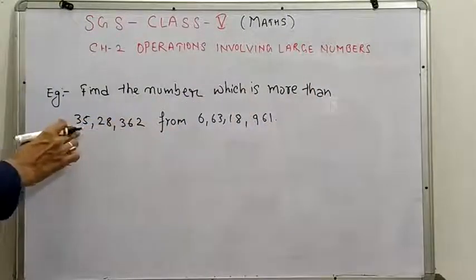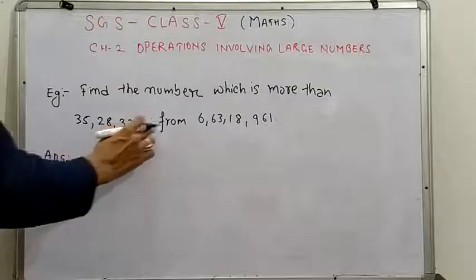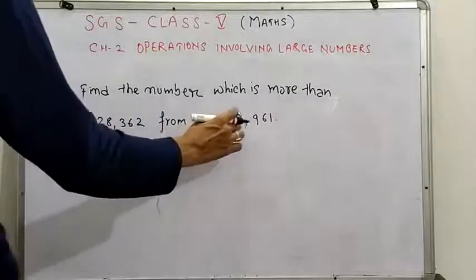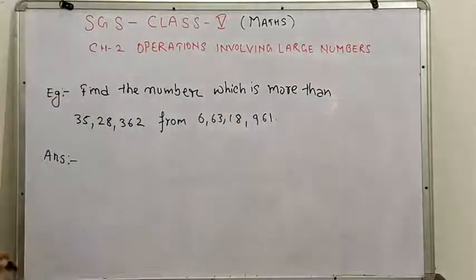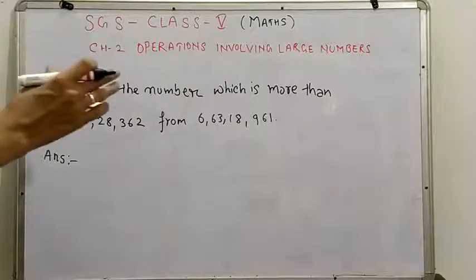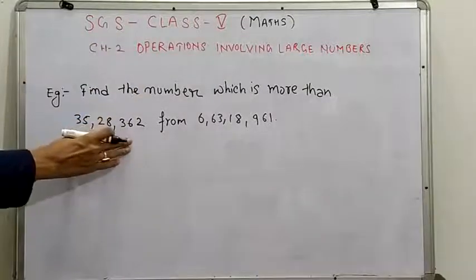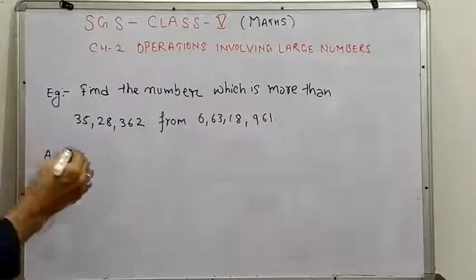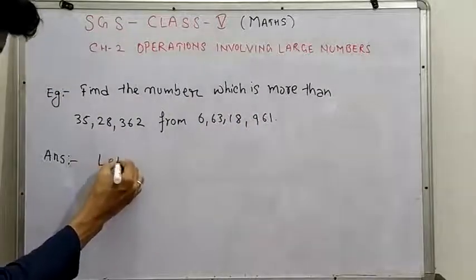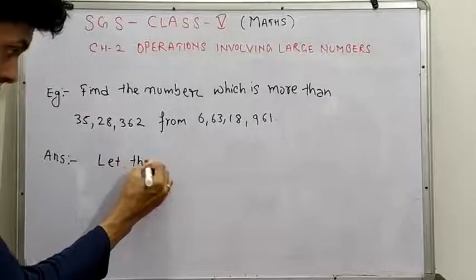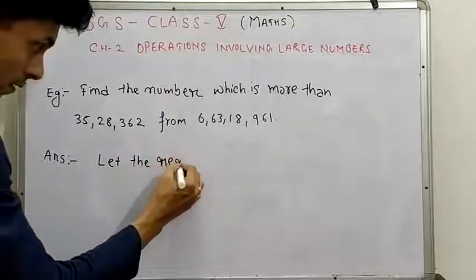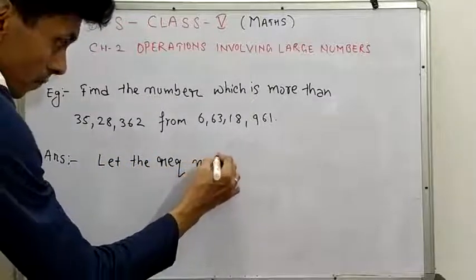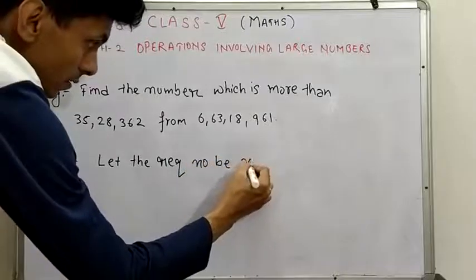35,28,362. That means 35,28,362 from 6,63,18,961. There is a number which is greater than this number by this amount. So how can we find it? If you don't know the number, then we suppose let the required number be x.